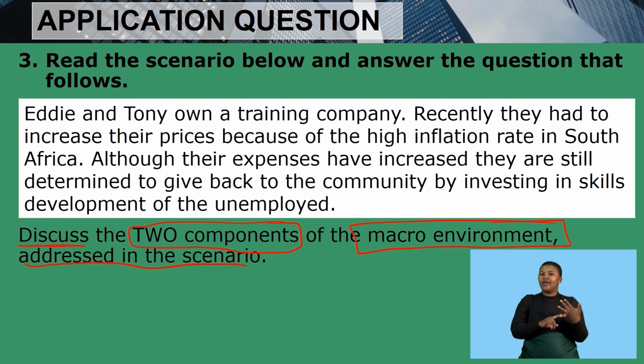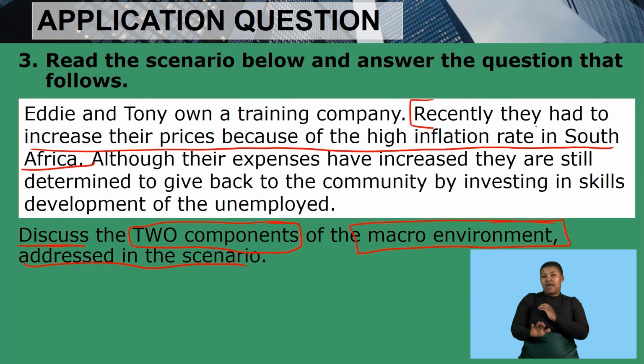So when we look back at the scenario, the first sentence, Eddie and Tony own a training company. Then the sentence says, recently they had to increase their prices because of the high inflation rate in South Africa. So our clue here is inflation rate. So our first component then will be economic environment. So now we have to discuss the economic environment.